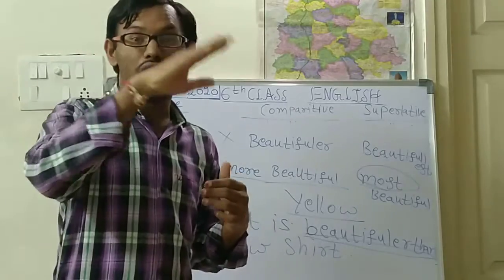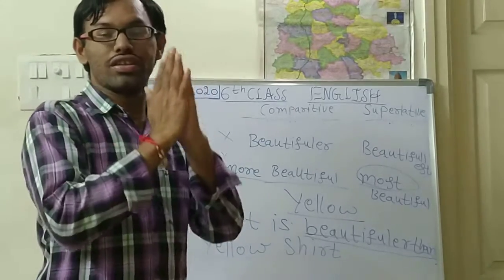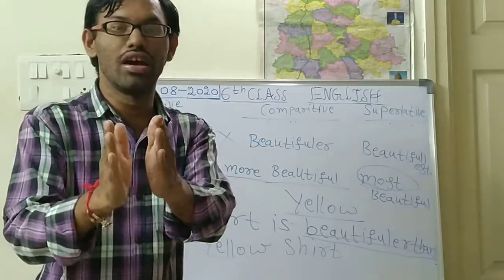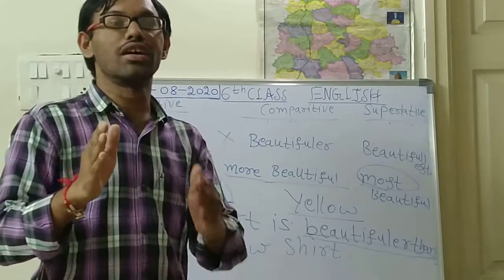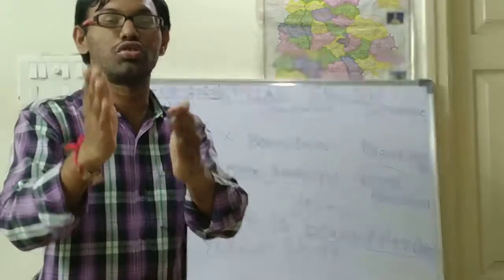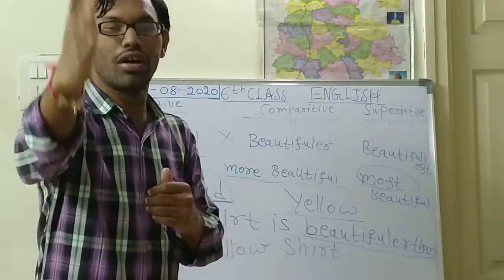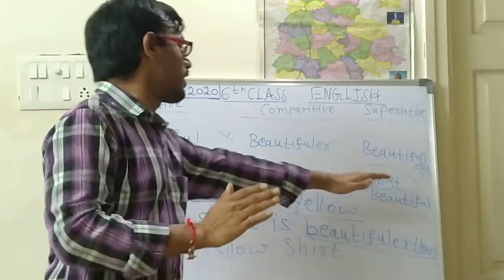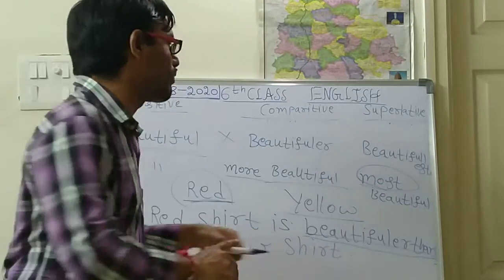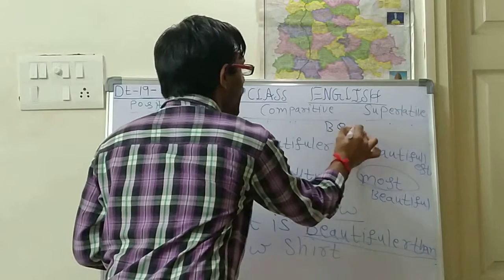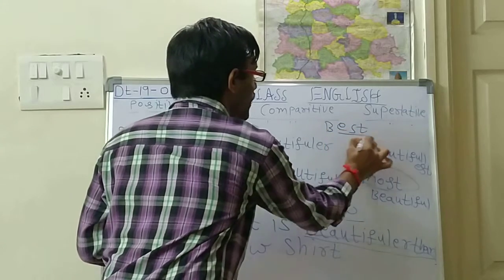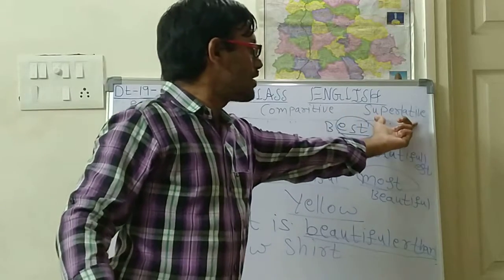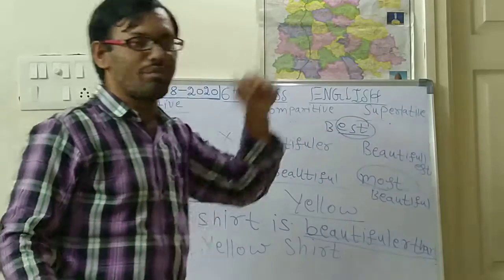That means among all 40 students, suppose you are the one among the 40 students, the best student award goes to you. If your name is there, they will be calling your name. So how does "best" end? BEST. EST is there. So EST is the clue letters for the superlative form.